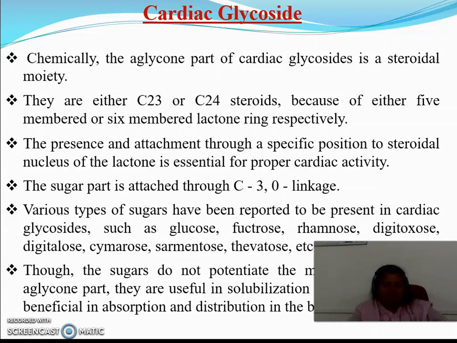Various types of sugars are reported in cardiac glycosides. They are glucose, fructose, rhamnose, digitoxose, saccharose and so on. Though the sugar moiety does not have any medicinal activity, still it is useful for solubilization of the aglycon, and beneficial in absorption and distribution of the aglycon moiety.